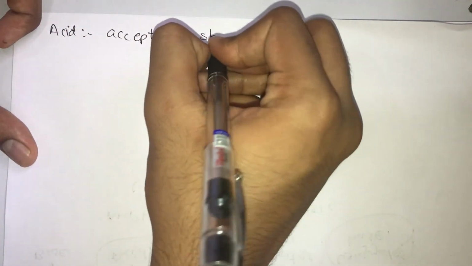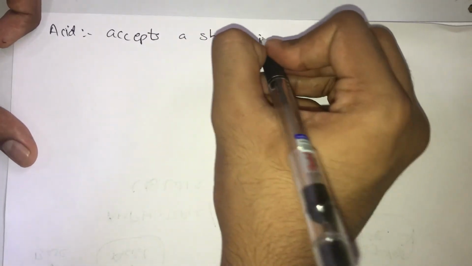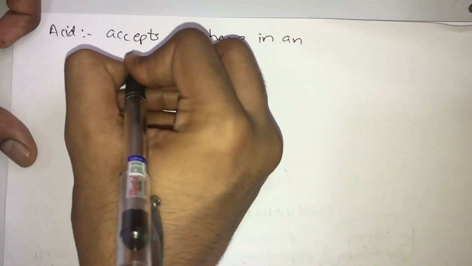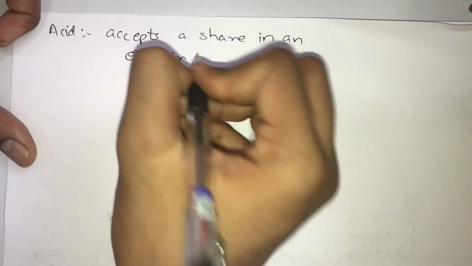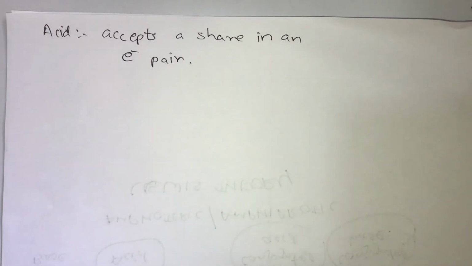Okay, so what Lewis theory tells us is that an acid is a substance which accepts a share in an electron pair. Now what is the meaning of this? Guys, just give patience for the next 3 to 4 minutes and I will explain everything.